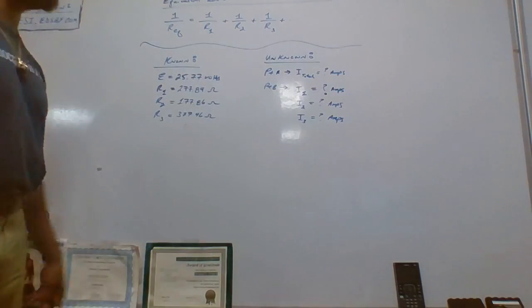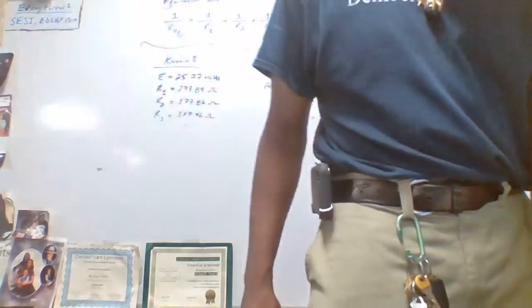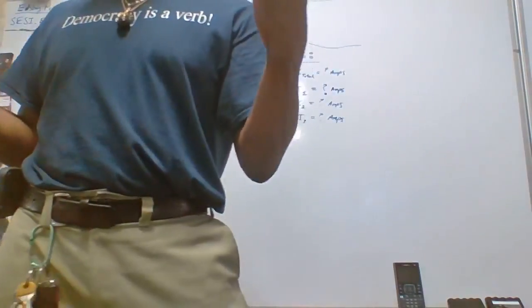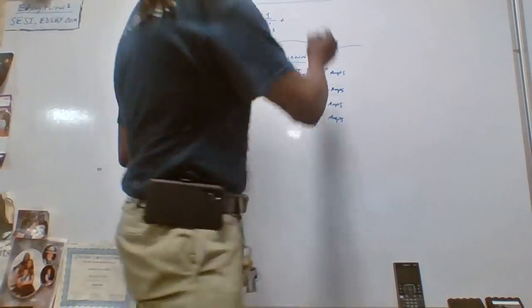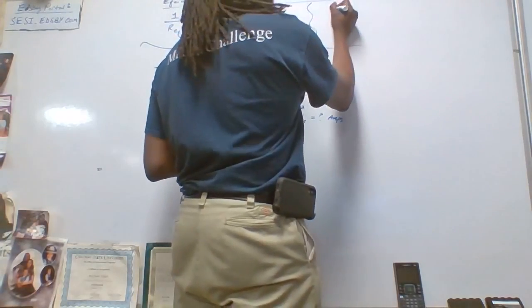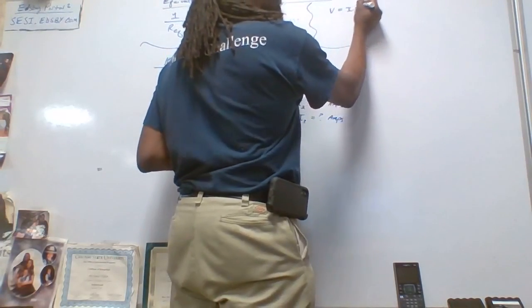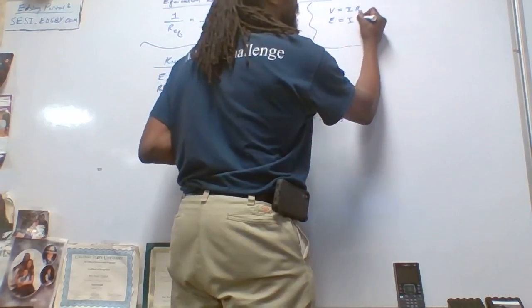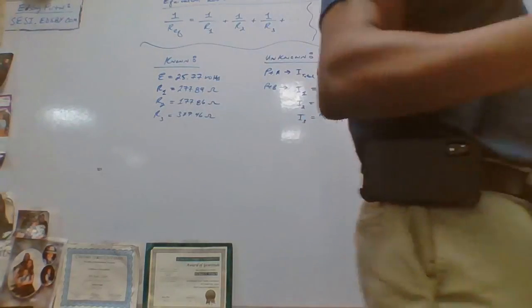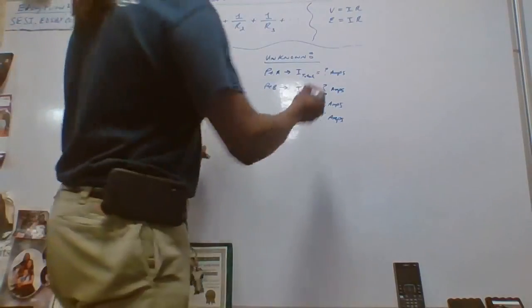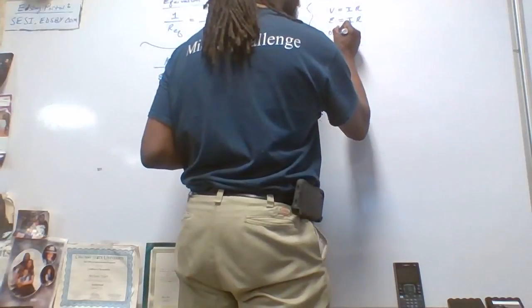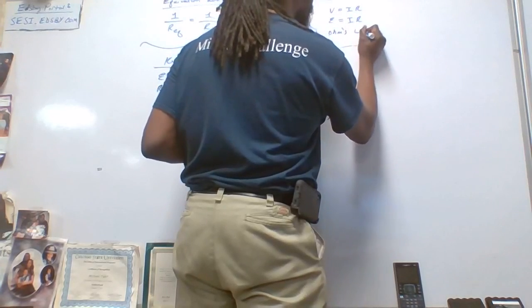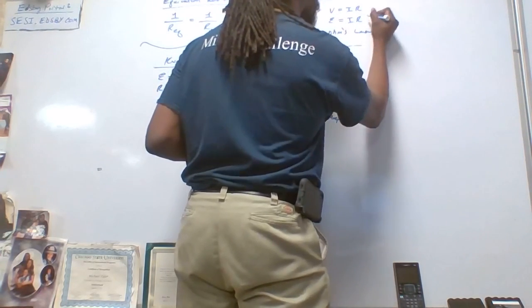And then don't forget, somewhere along the lines, we're definitely going to need to use the electromotive force version of Ohm's law. Remember I said V equals IR? Well, the other way to write it is also electromotive force is equal to the current multiplied by the resistance. It depends on which resistor you're dealing with. You're going to need it later. It's still Ohm's law. There are 2 versions of it.